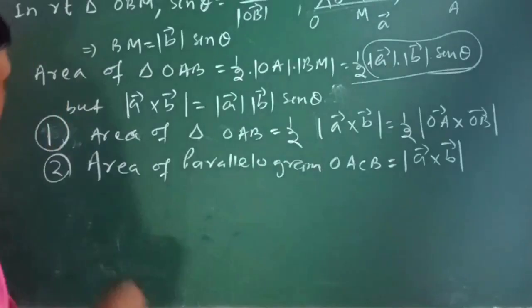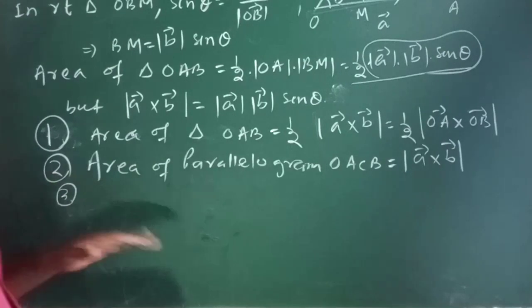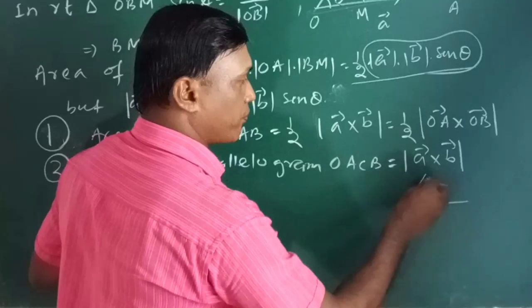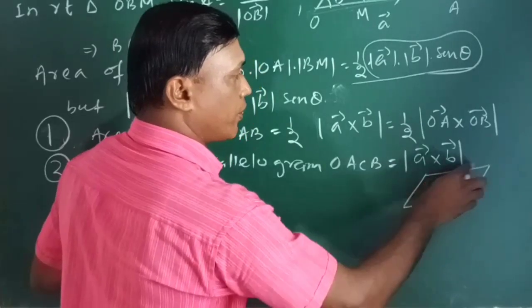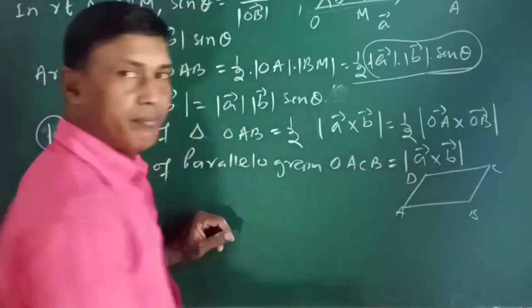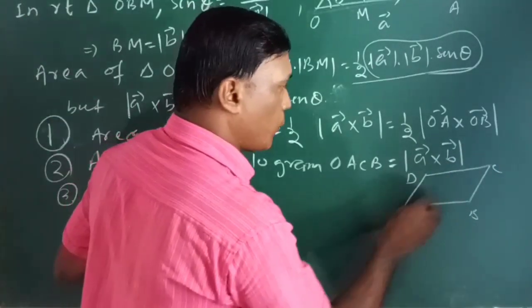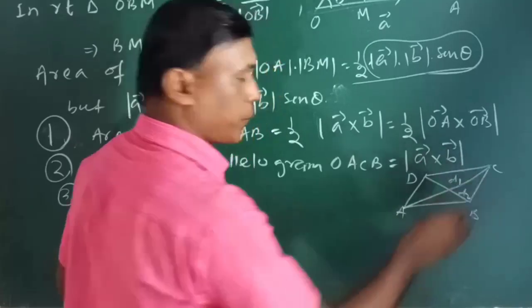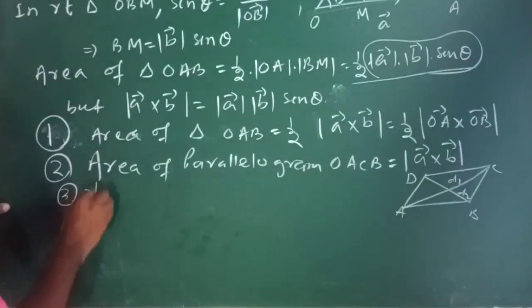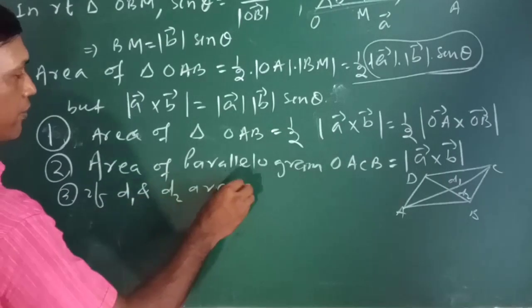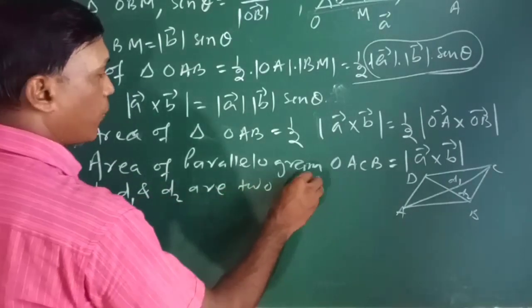Next is the third one, the application of this. Suppose ABCD is a parallelogram, and D1 and D2 are its two diagonals.